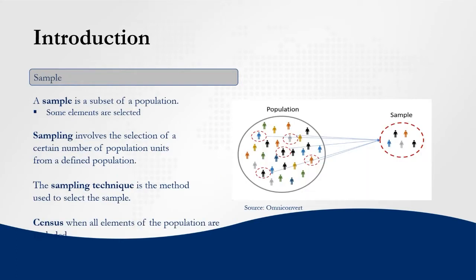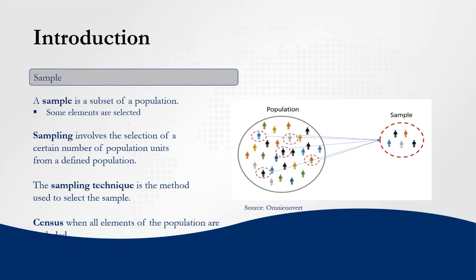So we are now moving to the sample. There is a population, which is what you are interested in, but in most instances a population is usually big, such that you are not able to enumerate or collect data from all the elements of the population.